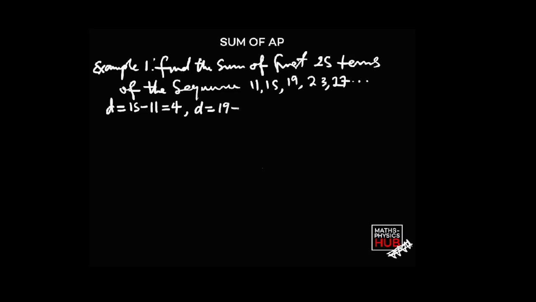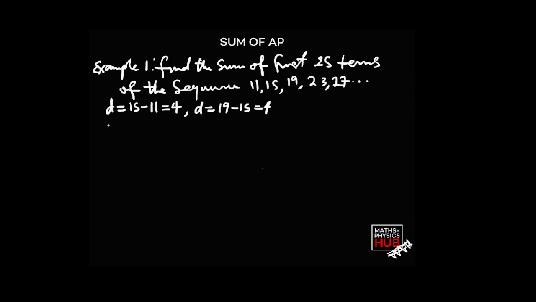That's 19 minus 15. What's our result? 4. Since it has been established that they are having common difference of 4, and when a sequence has a common difference, it's referred to as what? An AP. So definitely the question shows that this is an AP.